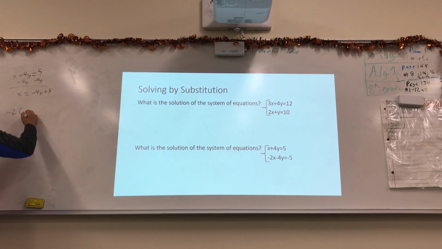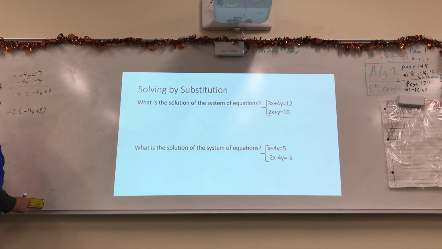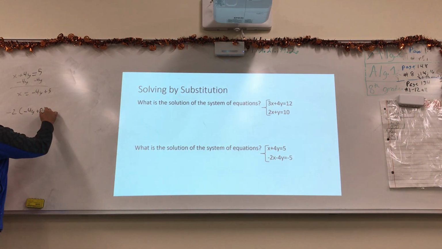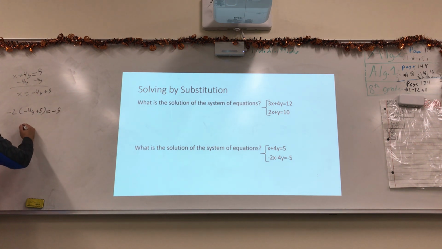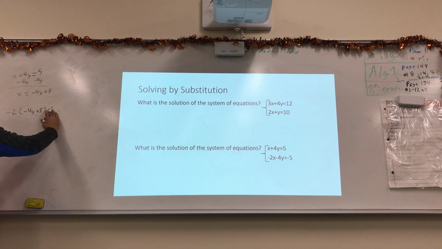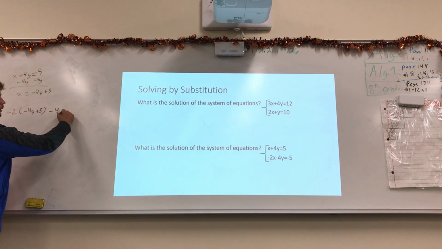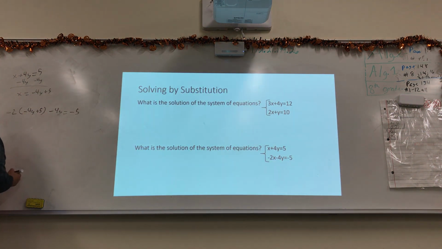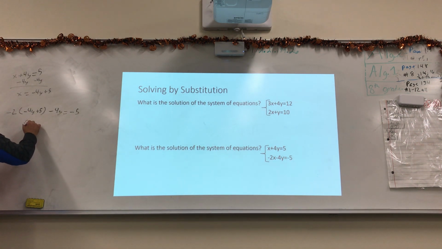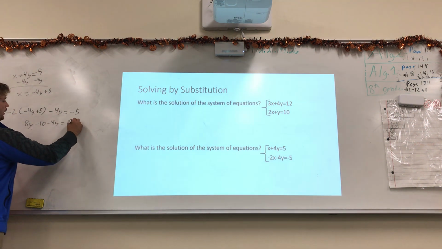We have negative 2 times x, which is going to be negative 4y plus 5. You're going to get 8y minus 10 minus 4y equals negative 5.